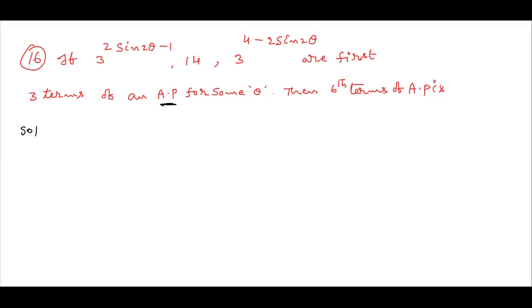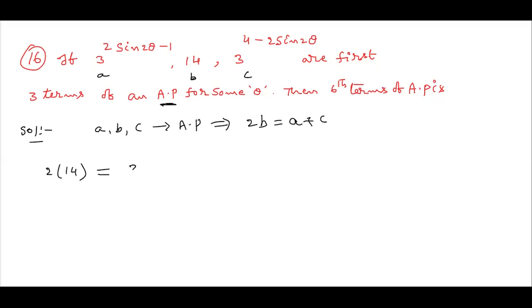Three terms are in AP. A, B, C are in AP series means what is the condition? 2B is equal to A plus C. This is A, this is B, this is C. Now 2 into B, 2 into 14, is equal to A plus C: 3 power 2 sine 2 theta minus 1 plus 3 power 4 minus 2 sine 2 theta.